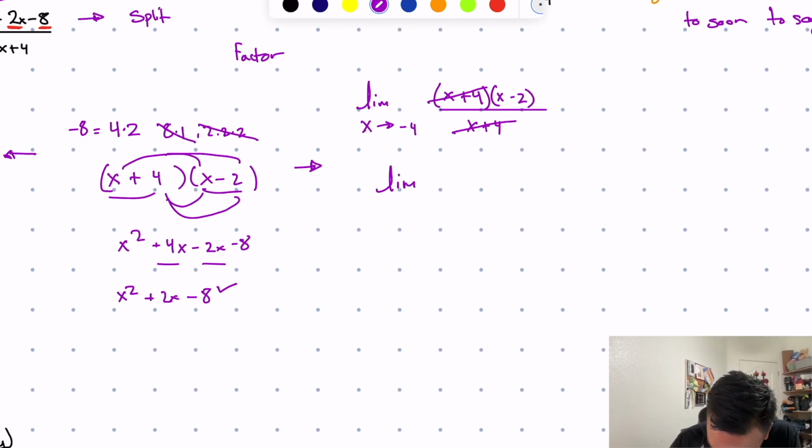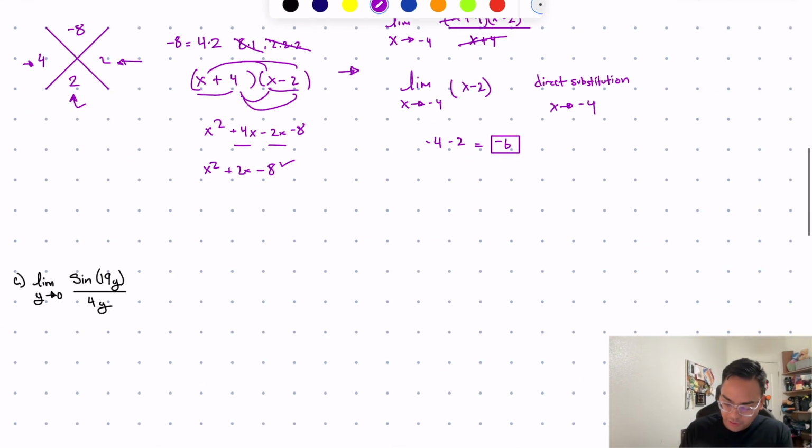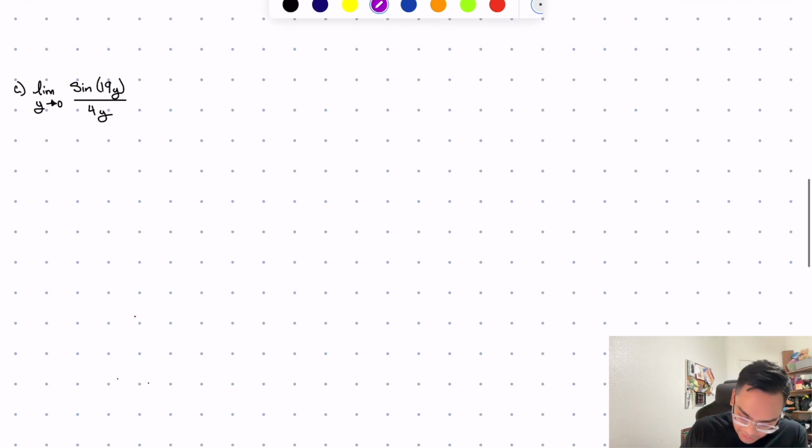So we are left with the limit as x approaches negative 4 of x minus 2. Now from here we can just do direct substitution. Wherever there's an x, we're going to plug in a negative 4. Negative 4 minus 2 is going to give us negative 6, and there we go. We have our solution. It's going to be negative 6.